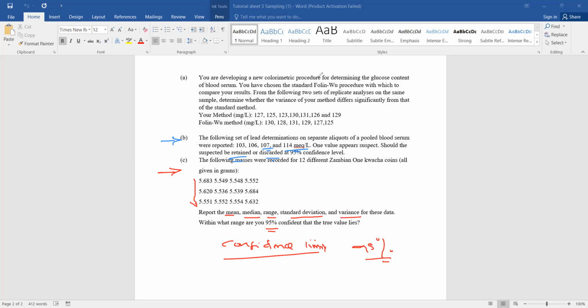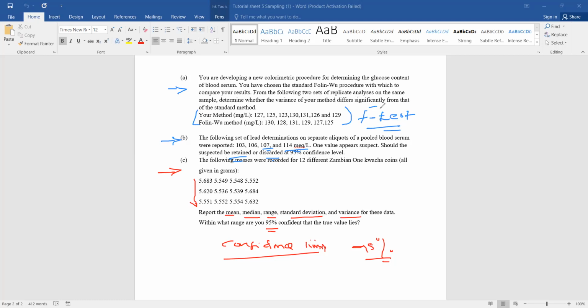All right. Then the last one is basically just A. These are the two methods that you are working with. For this one, they want you to confirm with F tests. So you do F tests, meaning you are going to find the variances of the two methods.